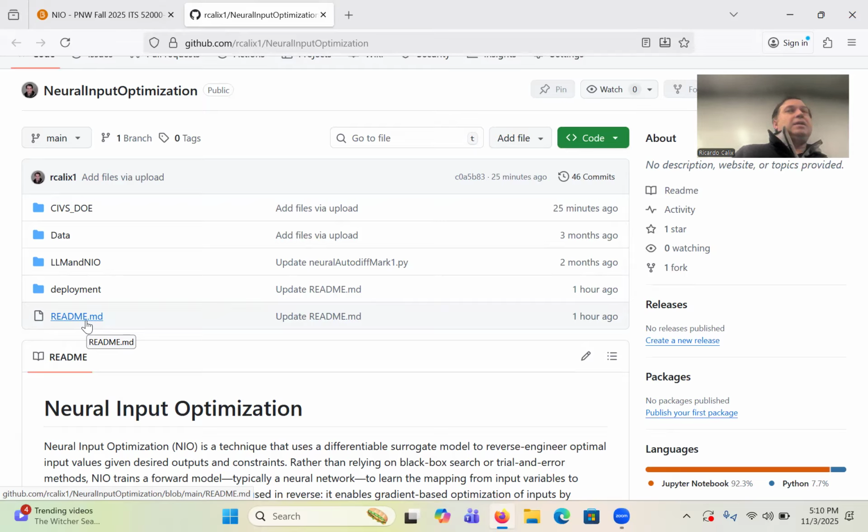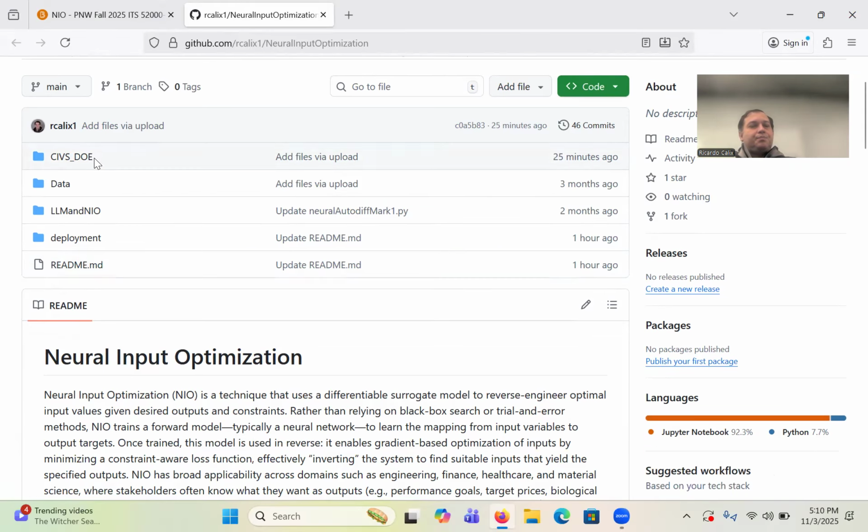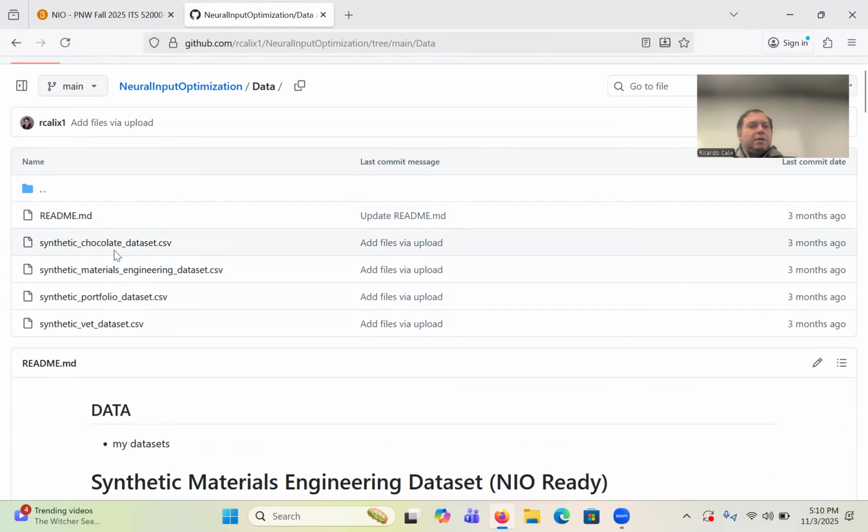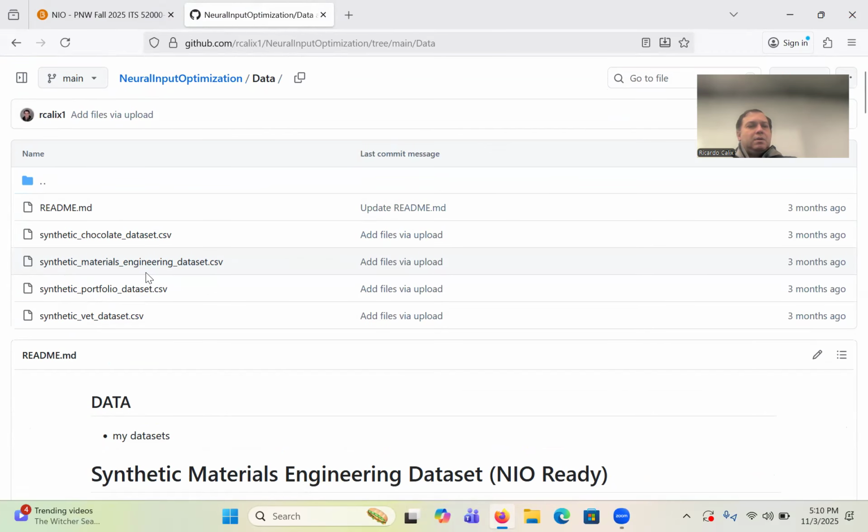Got it? All right. So we'll talk about the topic, but mainly this is what I want you to do for your term project, and you need to start looking at some data sets. A lot of the examples live here, and there's a little bit here in deployment. I may have some data sets under data. Yeah, I do have some.